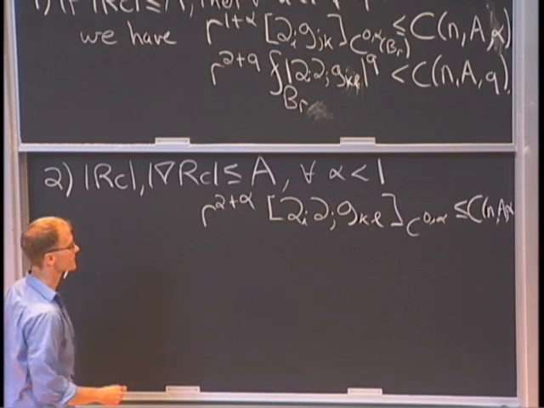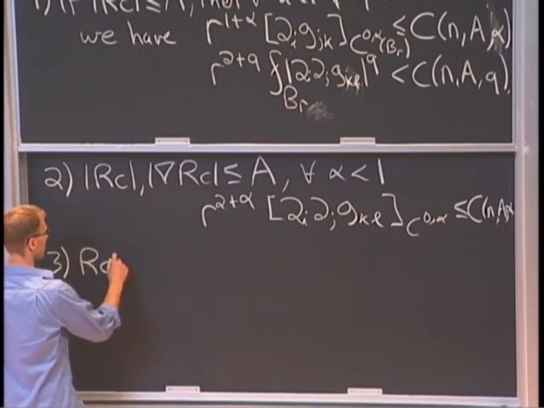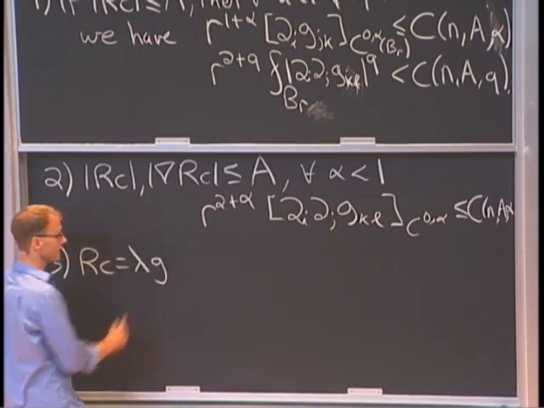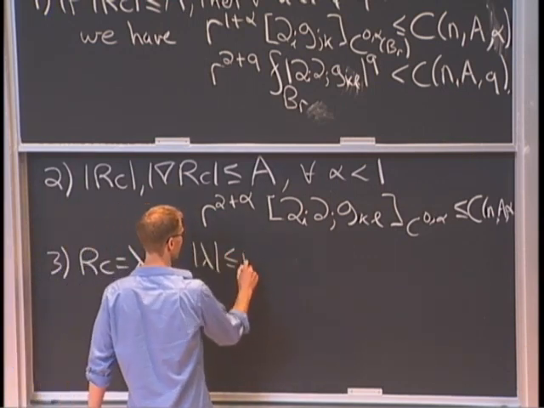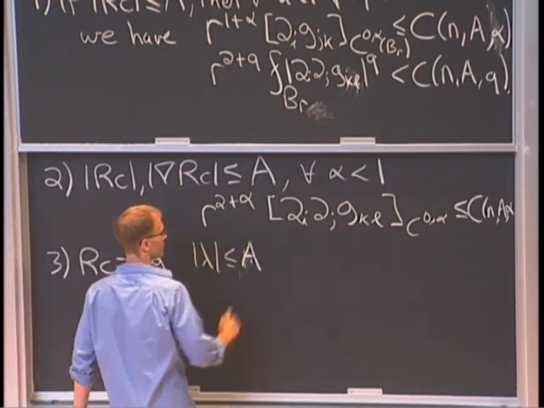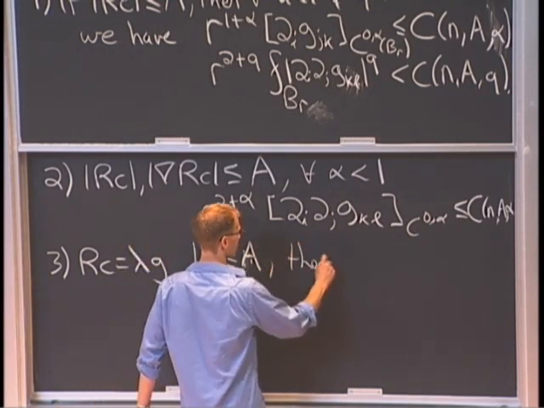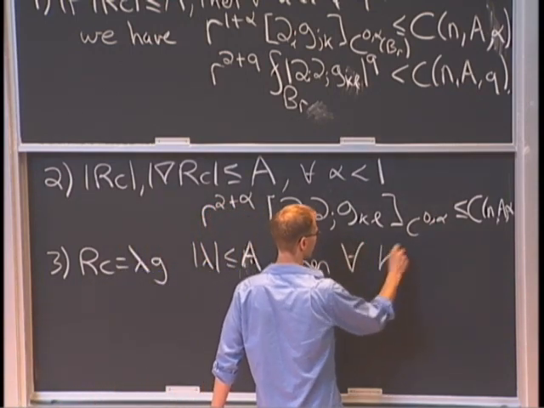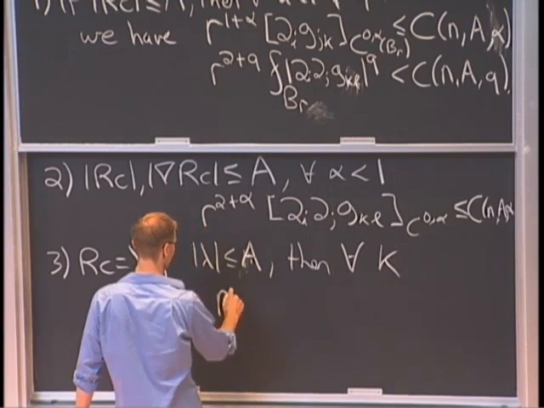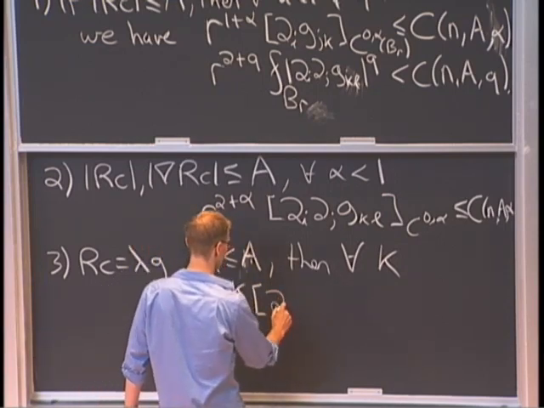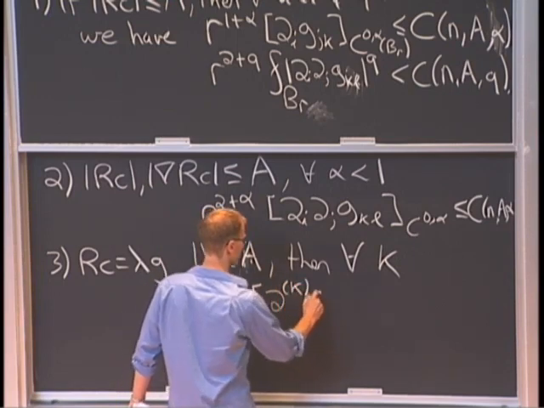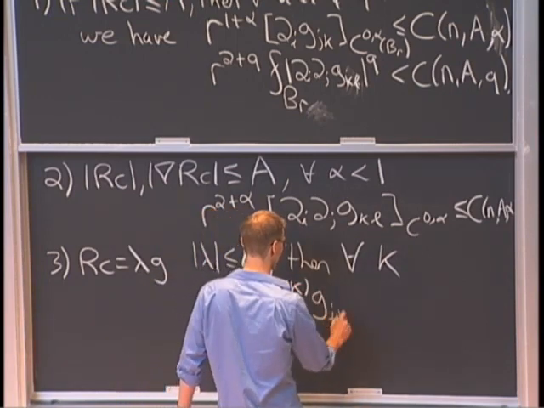And finally, one last thing, just to throw it in there. If the Ricci is actually Einstein, so it's a multiple of the metric, then for every k, we have automatic bounds of the kth derivatives of our metric.